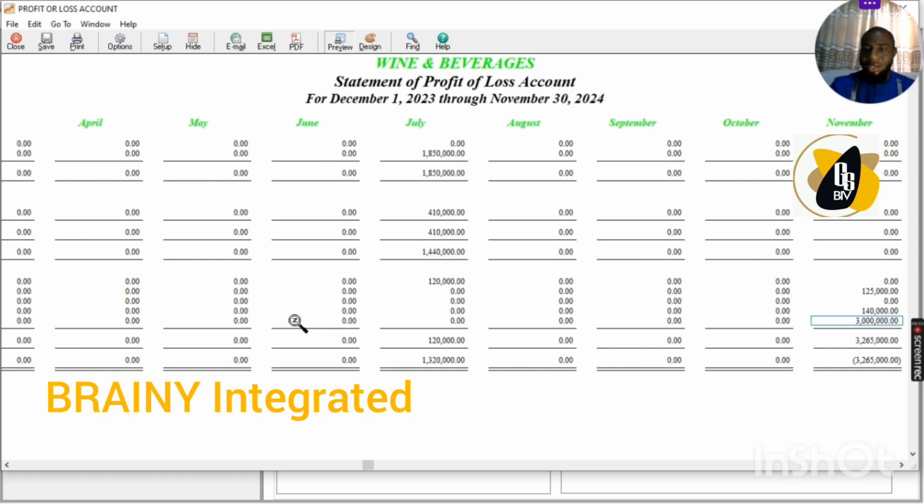Can you see the 3 million naira, which is in the month of November? 3 million naira as salary, indicating that the salary has been recognized for the period in which it was incurred, the period that we enjoyed the service of the employees.